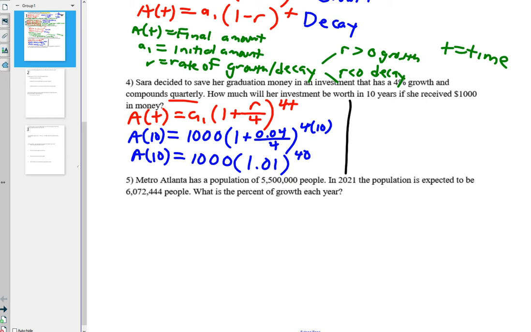So 1,000 times 1.01 to the power 40. I am getting, and also make sure it's the nearest hundredth, so I'm getting here where you would actually be rounding down. So 1488.87, because money's supposed to be rounded up.